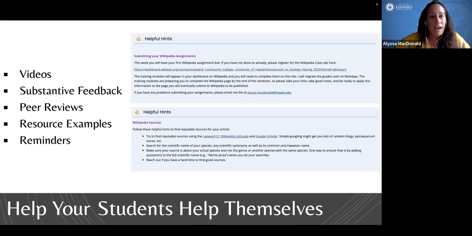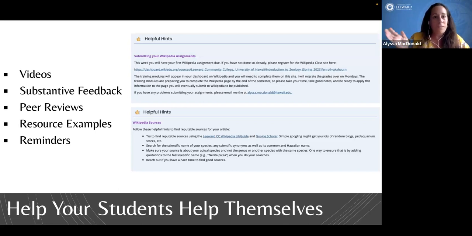Make sure you have the Hawaiian names for all of the organisms in there, and the translation for people who don't know Hawaiian. All of this is really important, and we've been working to include it. So I make sure in my feedback to really detail out for them what they need to add and what they're missing in their contributions, because they have a complete blank slate here.